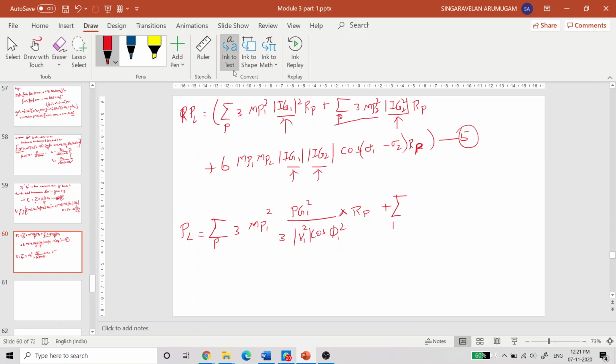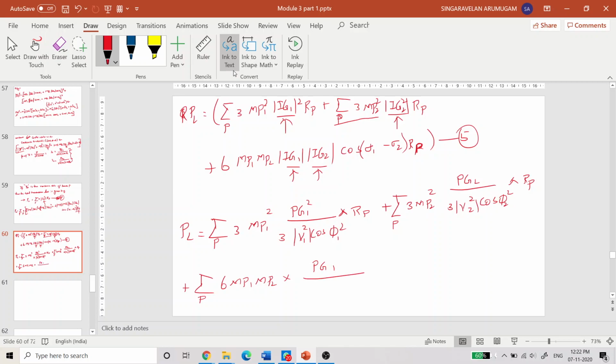So this is 3 MP2 square, and the Ig2 value is Pg2 divided by 3 V2 square cos phi 2 square. So this one is over, and also we need to multiply this with RP, and then plus 6 MP1 MP2 into Pg1.